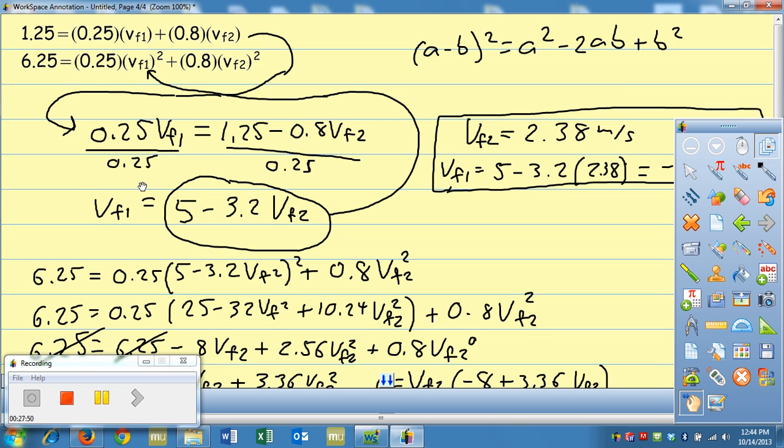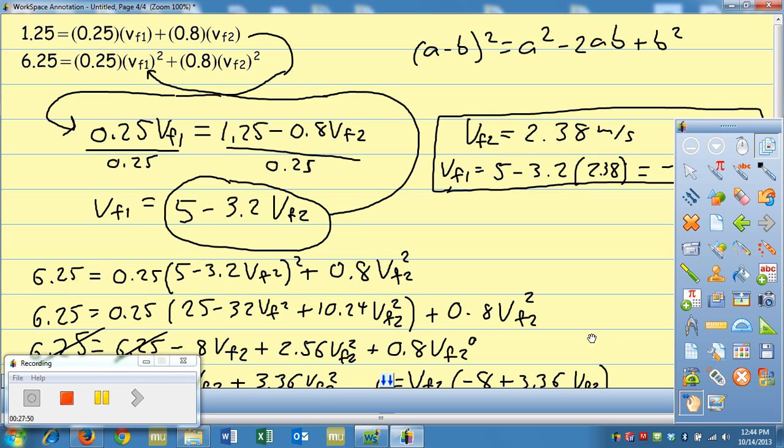So here we take the simpler one right here. We solve it. In this case, I solve for V final 1 in terms of V final 2. Plug that back into V final 1 in the second equation. Okay, so here it is plugged back in, 6.25, and this in parentheses here, 5 minus 3.2 VF2, that's what we got.